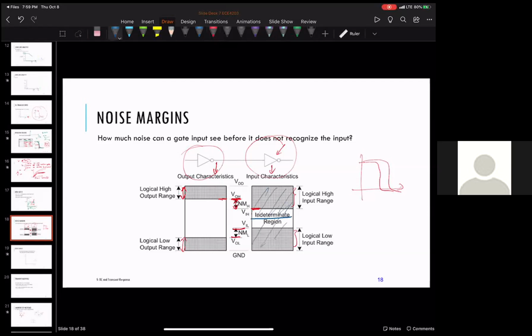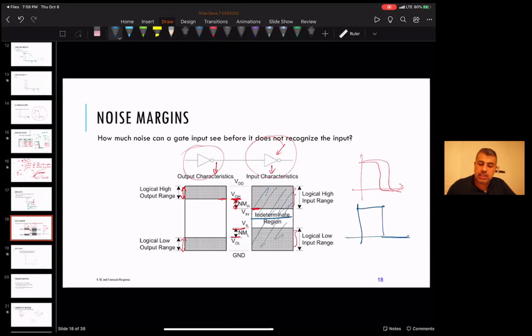Oh, okay, so there's a clean switch between on and off. Yeah, the ideal thing is like that, where the indeterminate region is 0. You're just going immediately from one to the other. Because remember, your output from the previous stage is up here, so it would have to get a lot of noise on it before it gets mistaken, the narrower that intermediate region is.